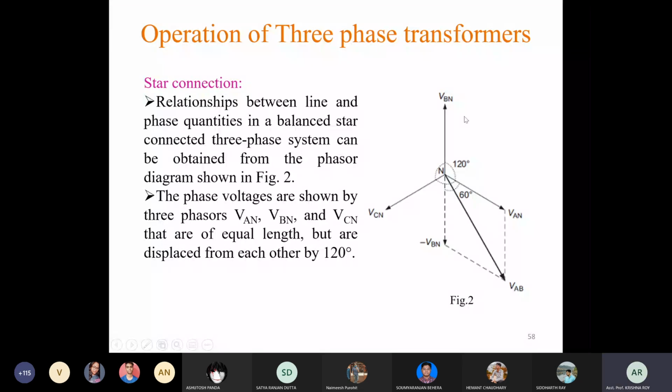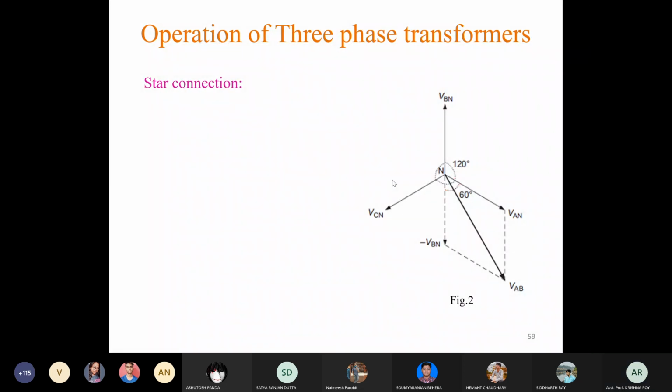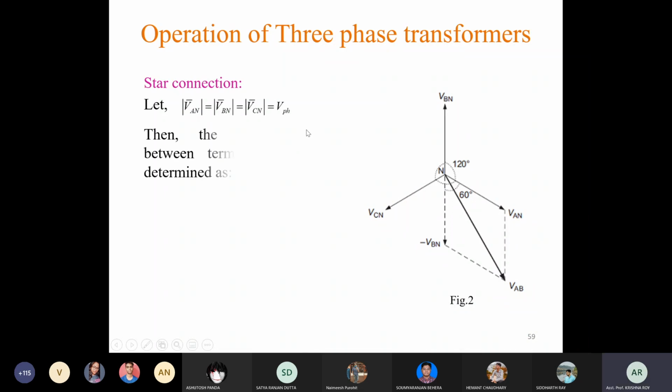So here the angle between VBN and VAN is 120 degrees, therefore this angle is 60 degrees. So therefore the resultant we can write, so here all the phase voltages are taken equal because we are assuming a balanced system, and line voltages are also equal, so VL will be the line voltage.